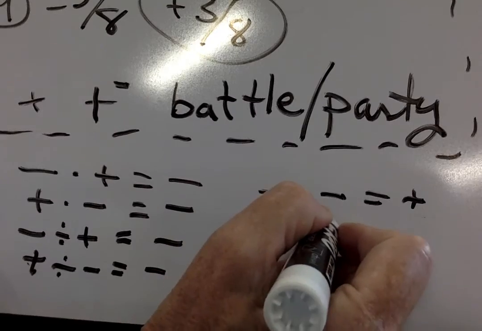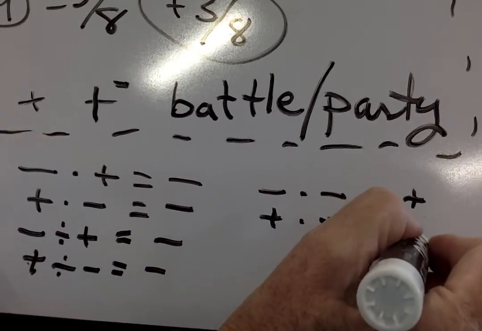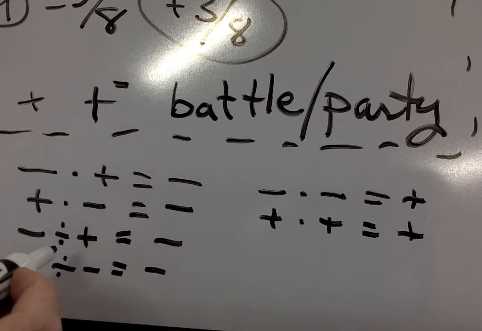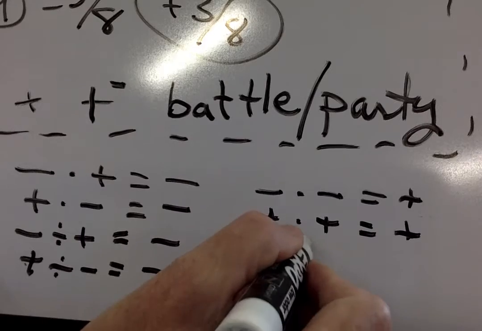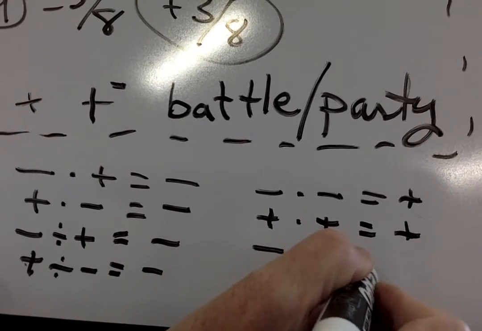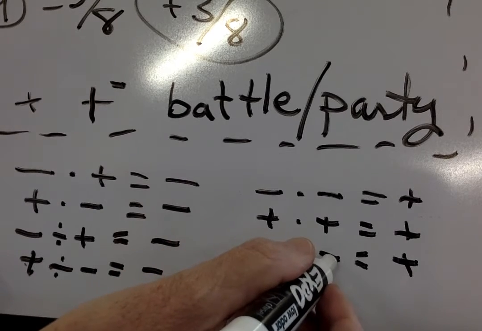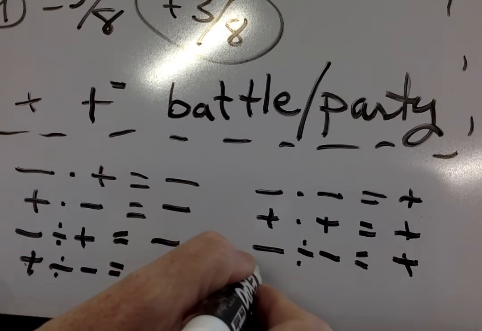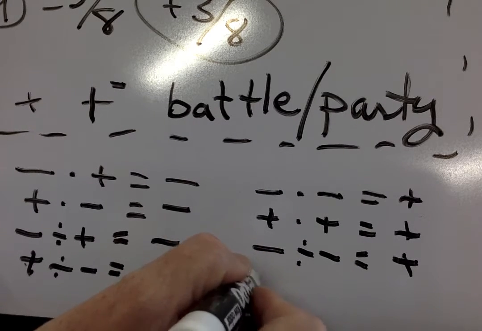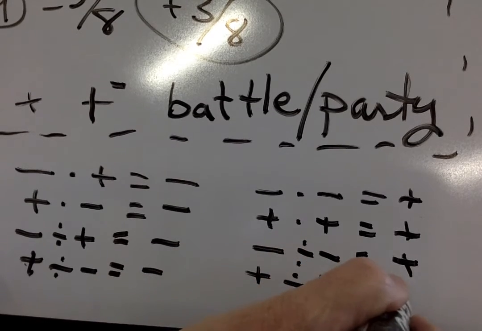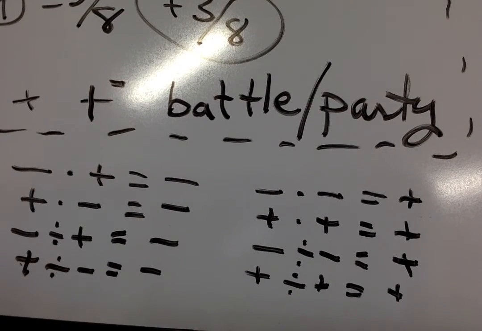If your signs are different, it's negative. If you have a negative number divided by a negative number, it's positive. Positive divided by positive equals positive.